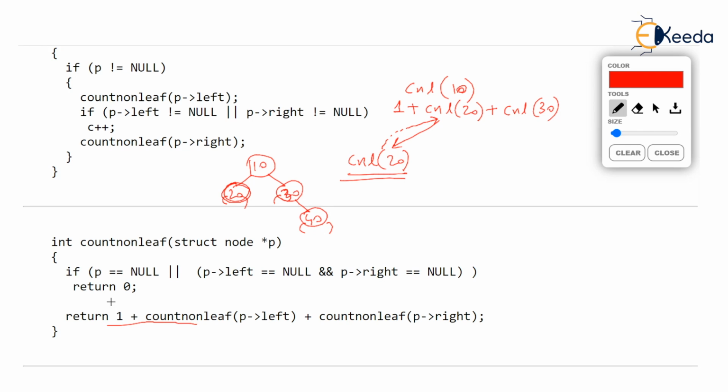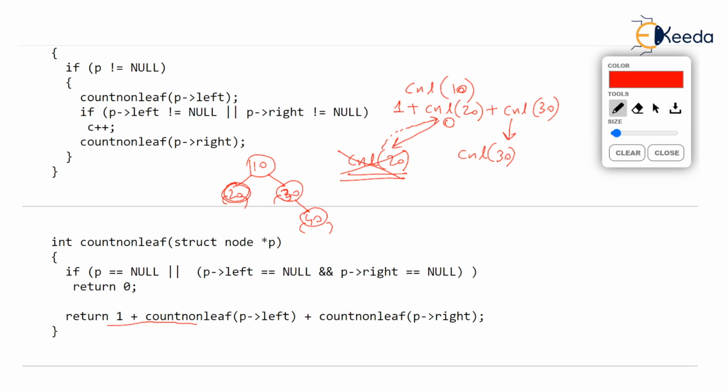So this count non-leaf 20 ends, correct? Returning 0 at the call. Now the turn of count non-leaf 30. If count non-leaf 30 starts, it will first ask, is it a valid node? Yes, it is a valid node because 30 is stored in that node. Or is it a leaf node? It is not a leaf node either. You can see that 30 has got the right child.